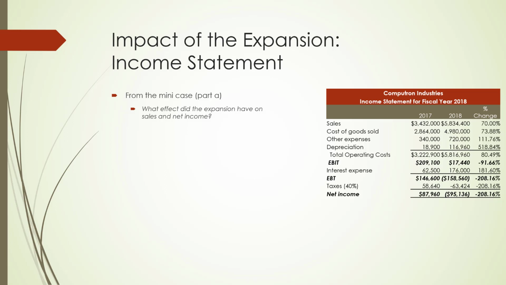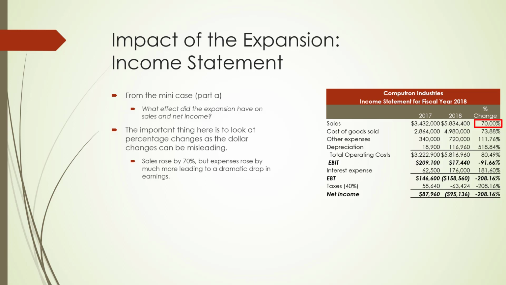Looking at the dollar amounts, you have to do some math to figure that out. So it's much better to look at percentage changes. You do have to do some math to get the percentage change, but it makes it a lot clearer what's going on. In this case, we can see that sales went up by 70%, but the firm's operating costs went up by more than that.